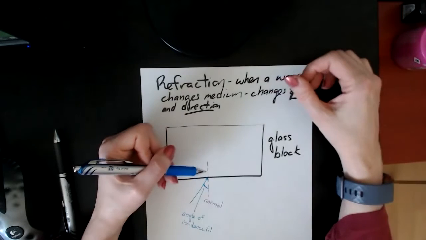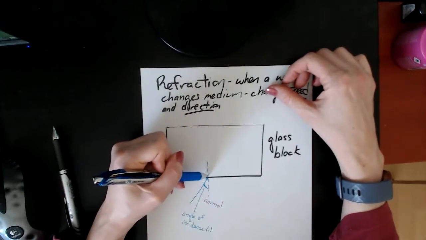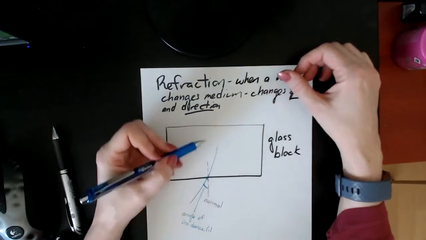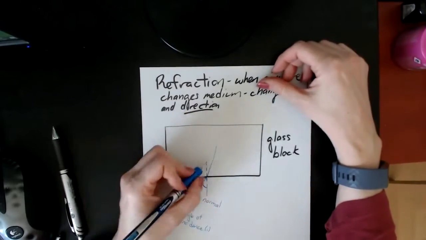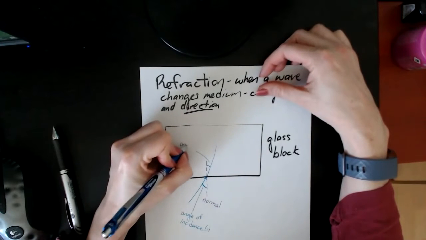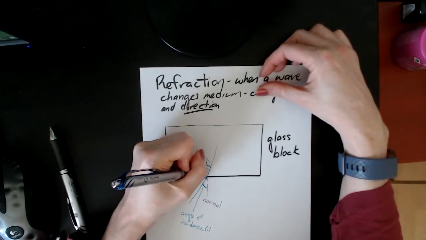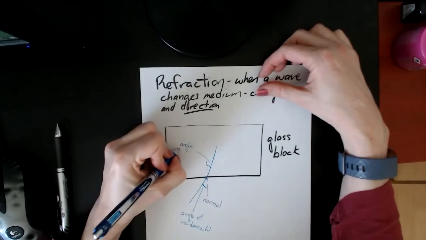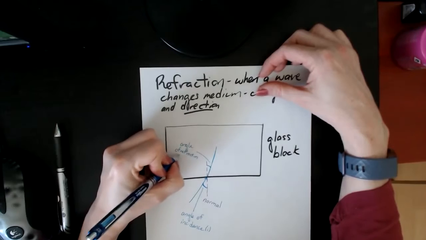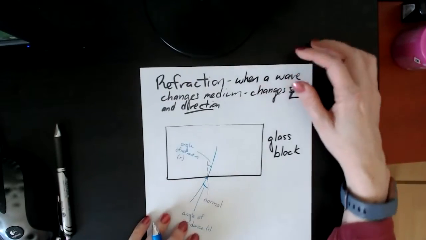And then what's going to happen is that it's going to come out the other side, but it doesn't come out evenly. Because it changes speed, it's also going to change direction. So this is called the angle, that should be a straight line, let's pretend it is, the angle of refraction, and that is often abbreviated with just the letter r, right?